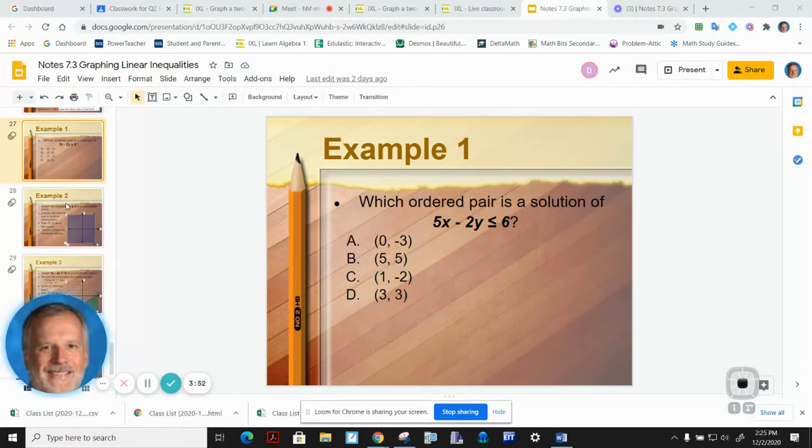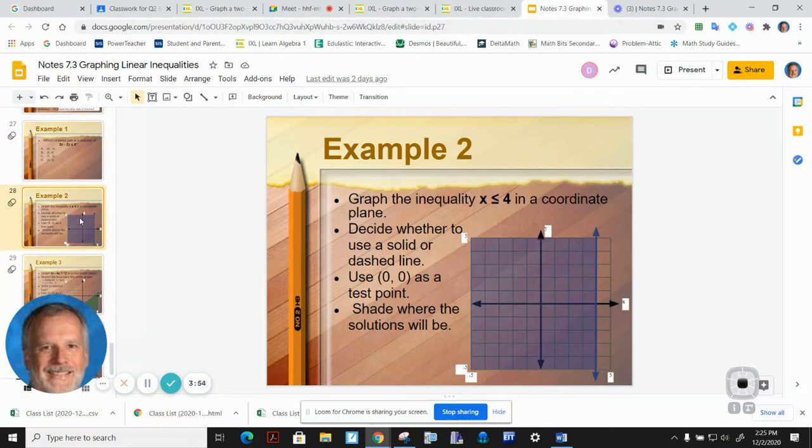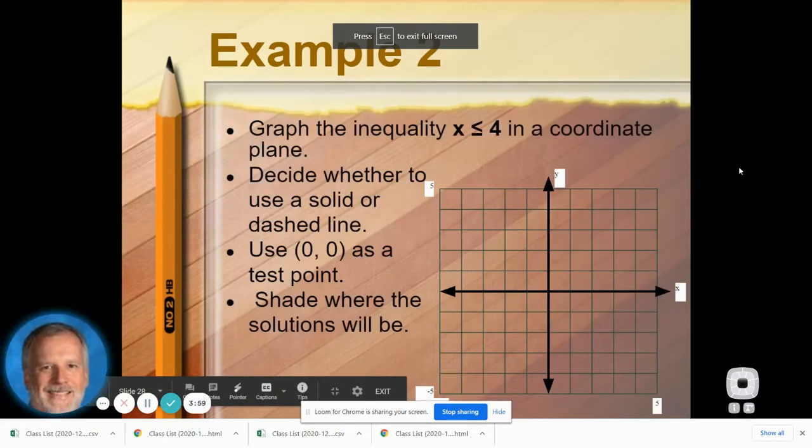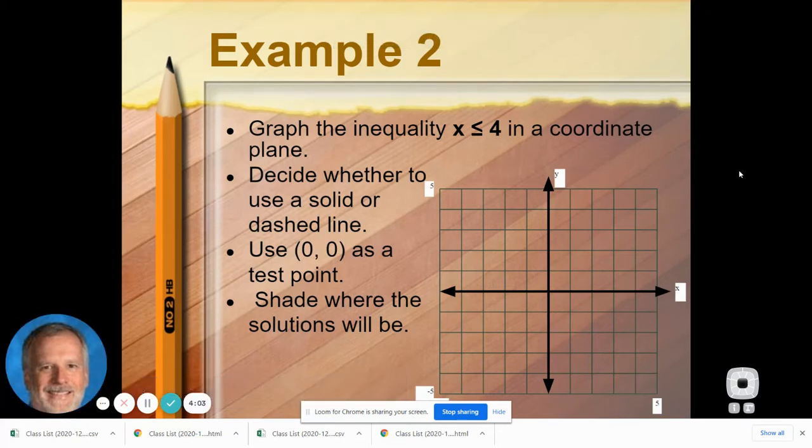I want to check out a second example here. Now I want to look at this one, and I want to know how to graph it. And I've already talked about this a little bit, but I want to remind you of the value of that test point. If I graph x is less than or equal to 4, then on the x-axis, I'm going to find 4. 1, 2, 3, 4.